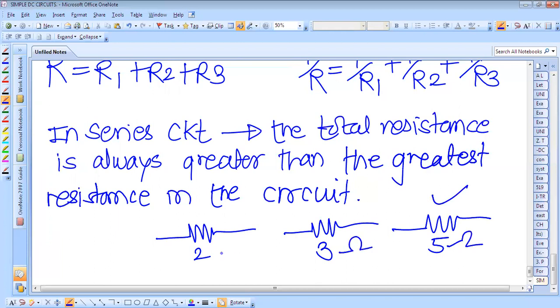So if you add 5 plus 3 plus 2, it is 10 ohm, and 10 ohm is the answer. But if your answer comes out less than 5, then definitely it is not right. This is just for checking whether your answer is correct or not.